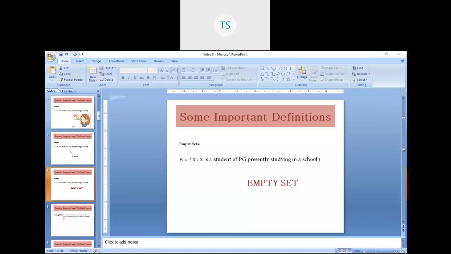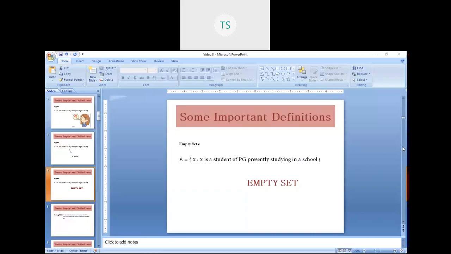In this way you will have so many examples of an empty set. One more example I can give you is any girl student studying in a boys' school, again it is an empty set. These examples are from your day-to-day life.